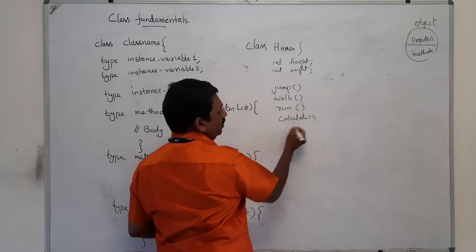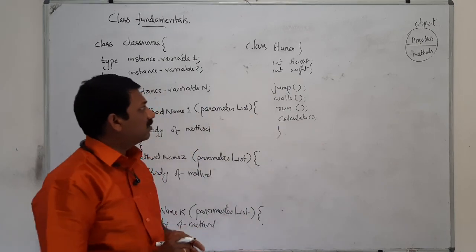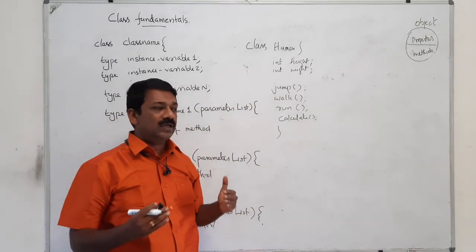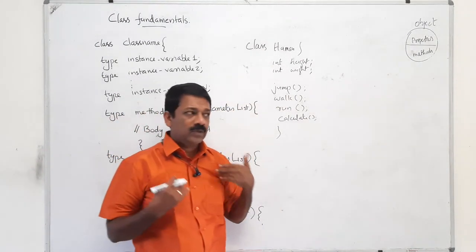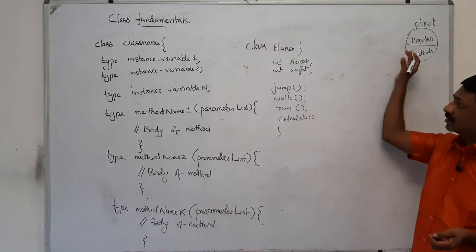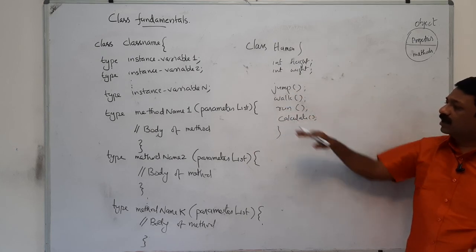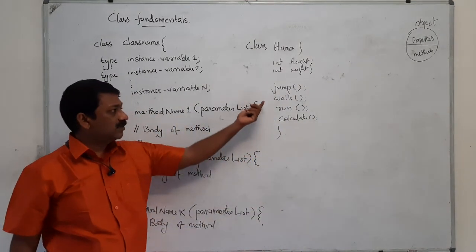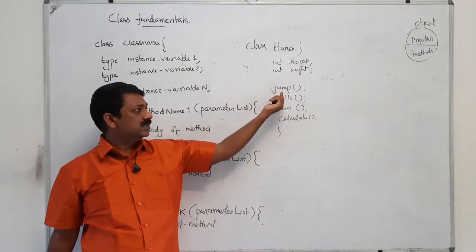So these are different operations that can be done by this human being. And if you create an instance of the human being class, then I myself am an object of this class, and I have weight, height, and I can jump, walk, run, etc. Suppose this is a method, and this jump function returns some integer value.